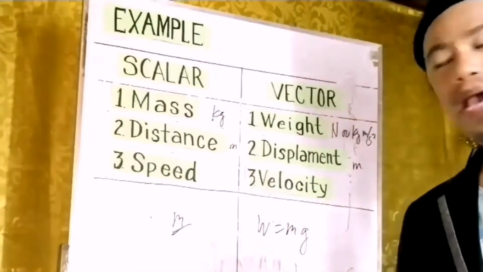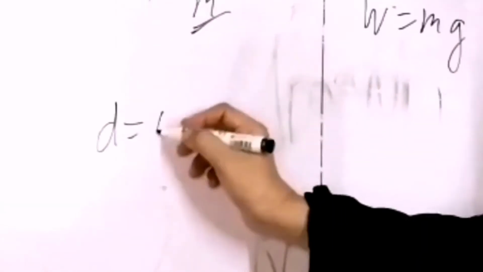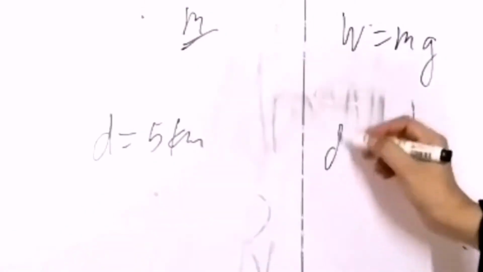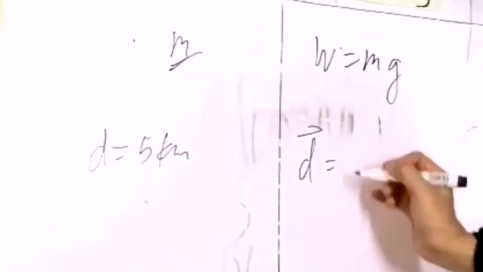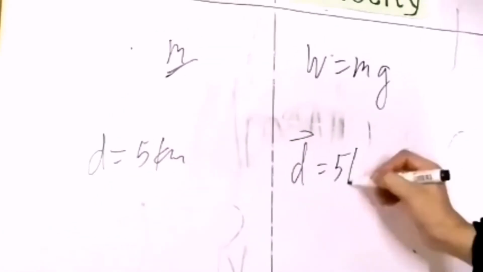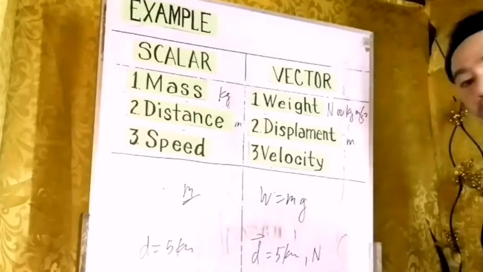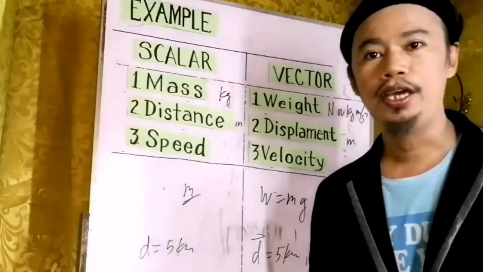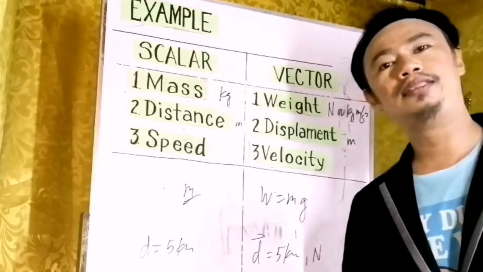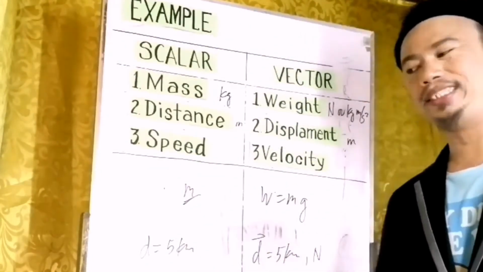For distance with the magnitude, we have d is equal to 5 kilometers. While in displacement, we have d with an arrow to represent that this is a displacement. For example, we have the value 5 kilometers north. Then the north indicates a direction. Therefore, displacement is a vector quantity.